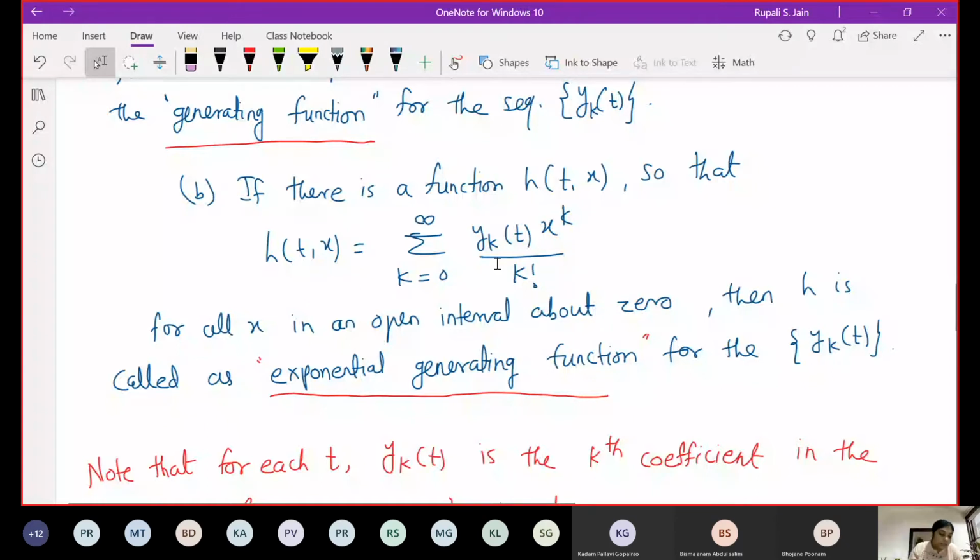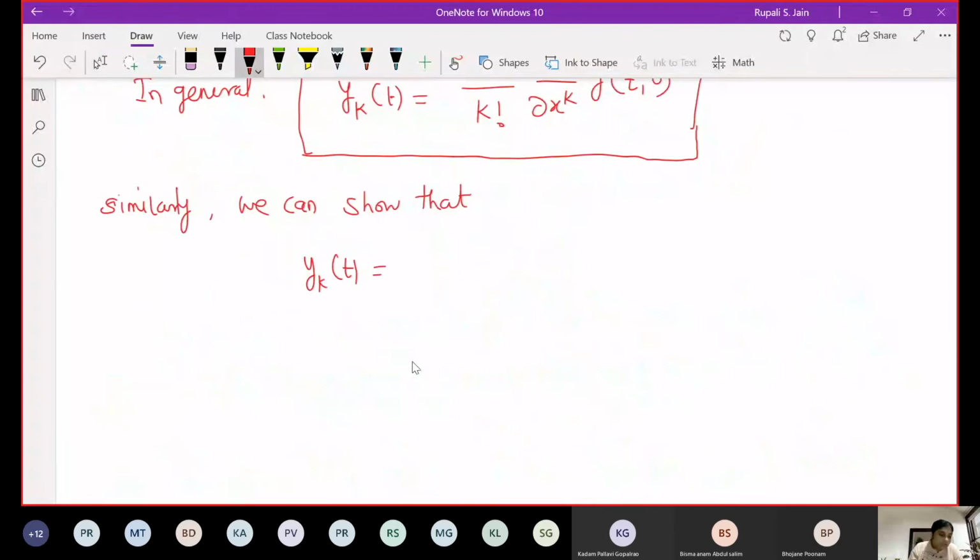You can just expand it, take its partial derivative, and check whether you get this at (t, 0).